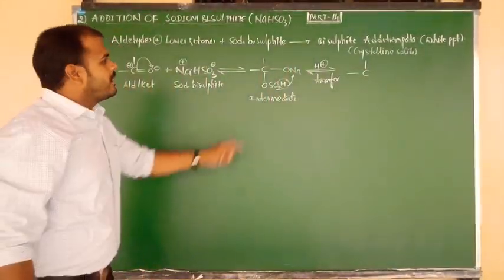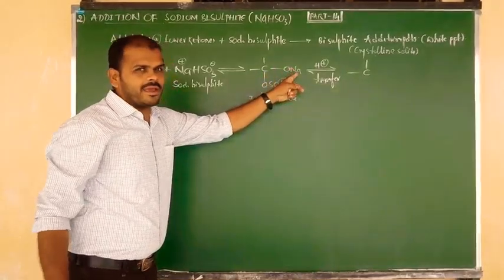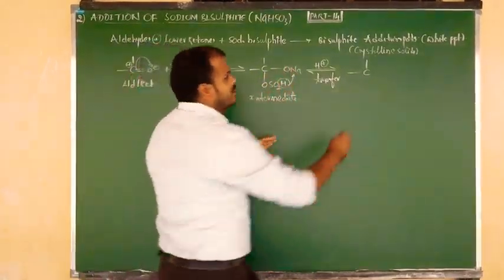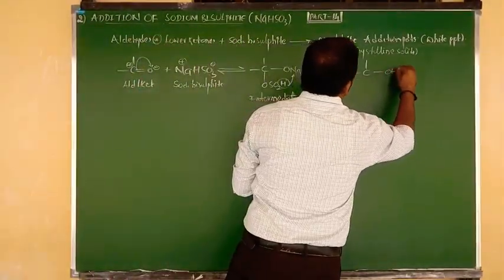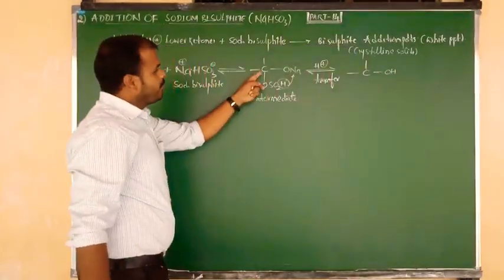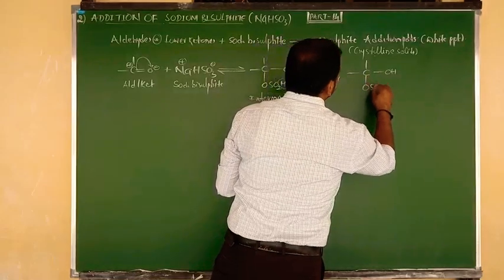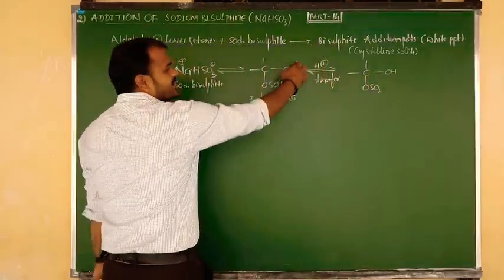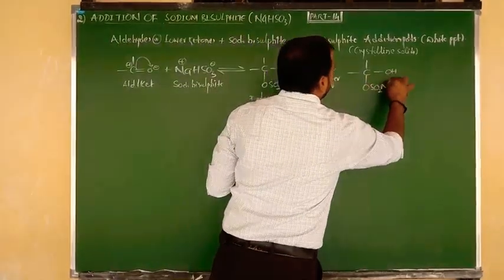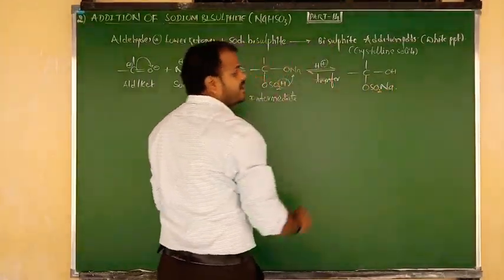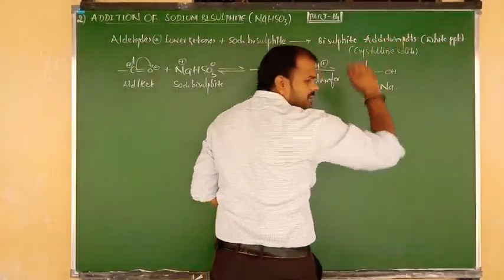On the right side, ONa: the Na position is taken by H, so simply we can say OH. Below the plane, the bond to OSO2, and the position of H is taken by sodium. Like this. This is your final product, the bisulfite addition product.